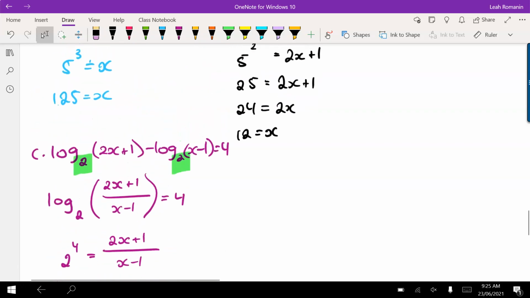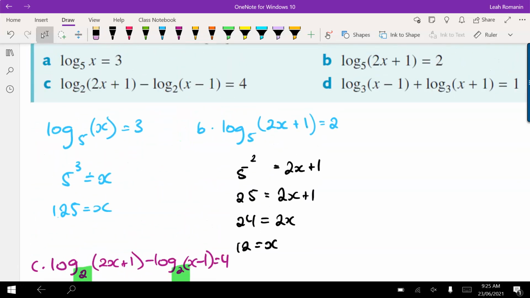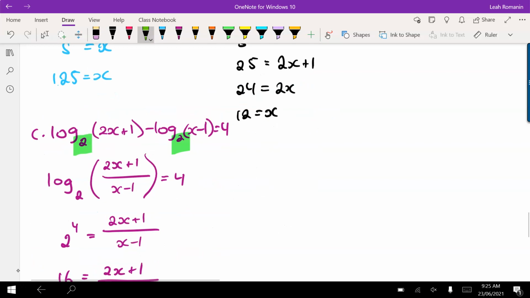Okay, last but not least, I've got D. So log 3 of x minus 1 plus log 3 of x plus 1 is equal to 1. Now, always checking that I've got the same base. Same with exponentials. I've got the same base, I'm good to go. So I'm plussing them, which means I'm going to do what to the 2 numbers in the brackets?